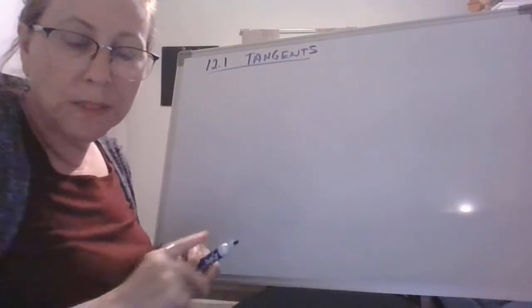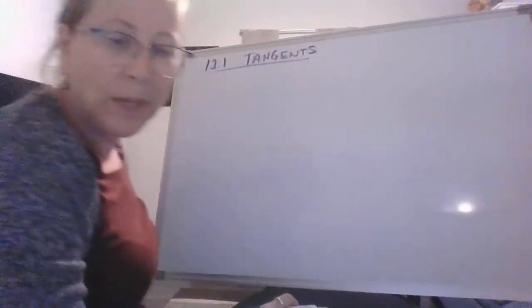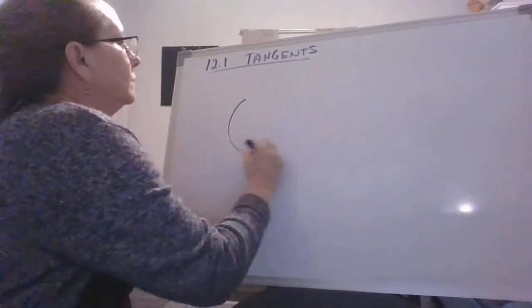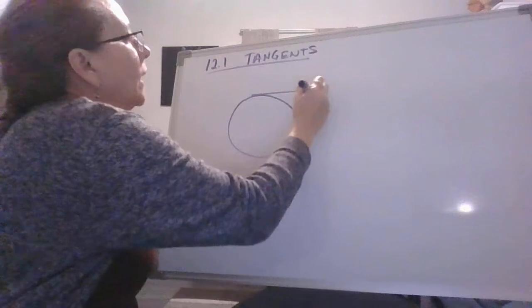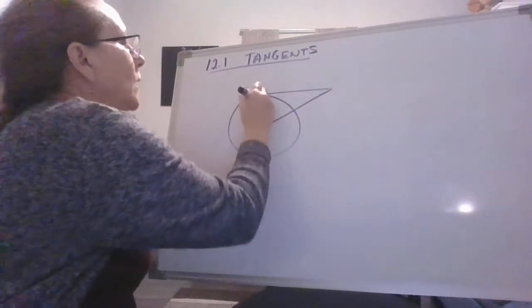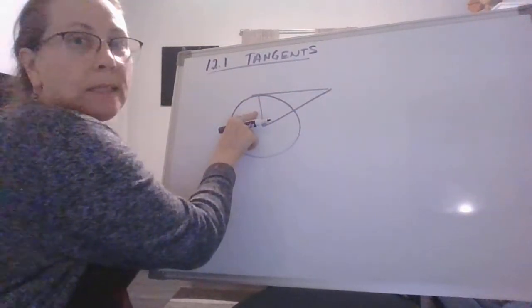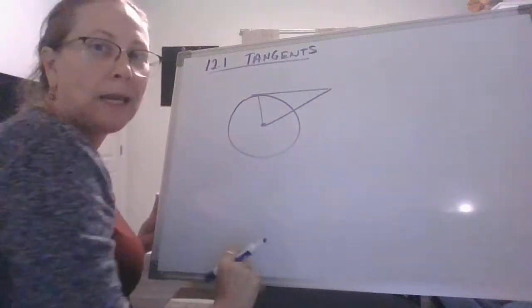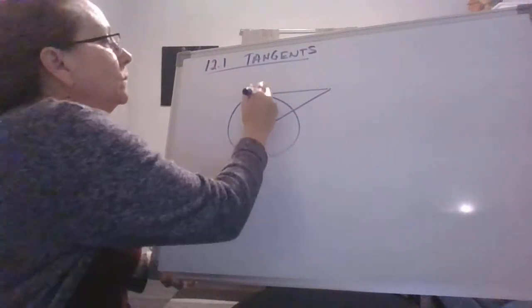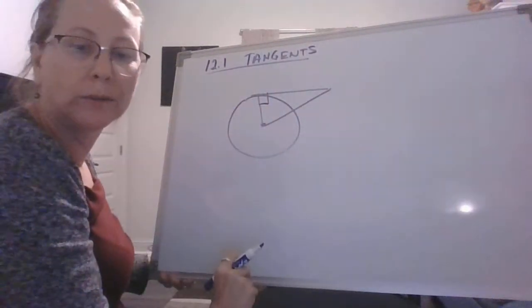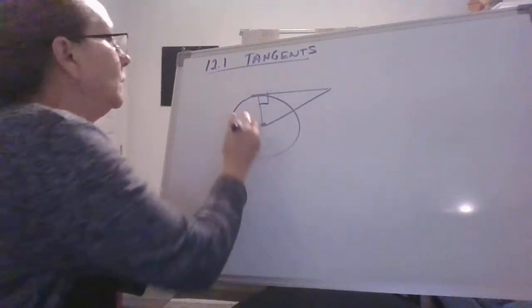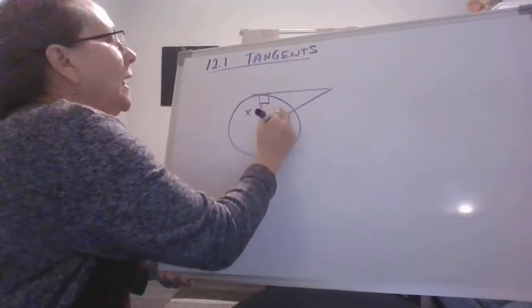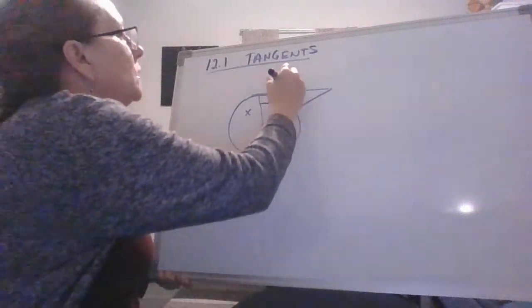So one of those circumstances, if we have a tangent and we also have a radius and another segment that connects that up, well, we know, okay, there's a right angle here. In this particular problem, we have to find x, and these are the values that are given.